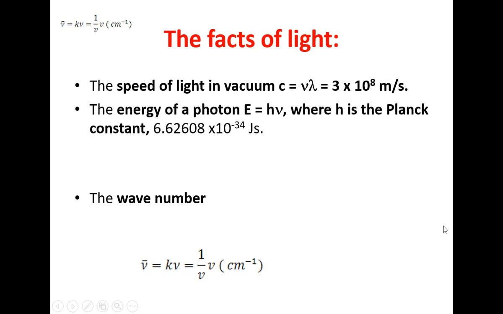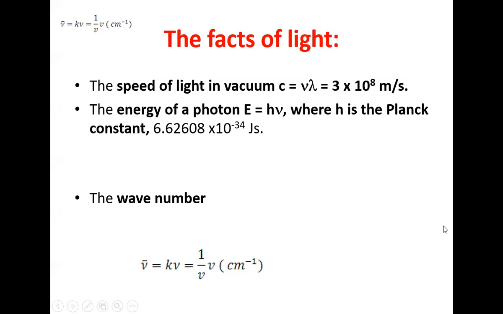And the energy of a photon, you don't have to remember the number for Planck's constant, but the energy of a photon is E equals h nu. H is Planck's constant. I usually give it in the test. For example, in today's test, I give you the constants. I will normally give you the constants, and whatever you do with them, whether you use them or not, will be up to you.